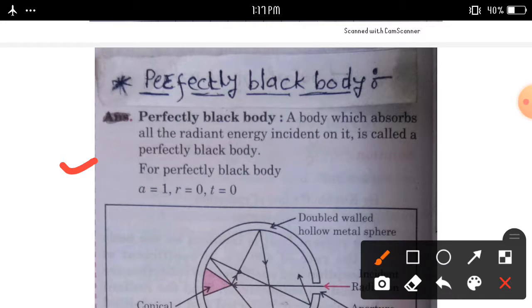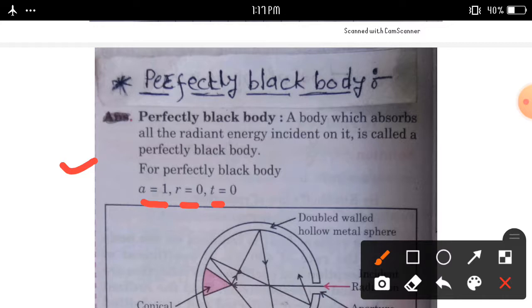For a perfectly black body, the coefficient of absorption A is equal to 1, the coefficient of reflection r is 0, and the coefficient of transmission is also 0. Hence this body is called a perfectly black body.